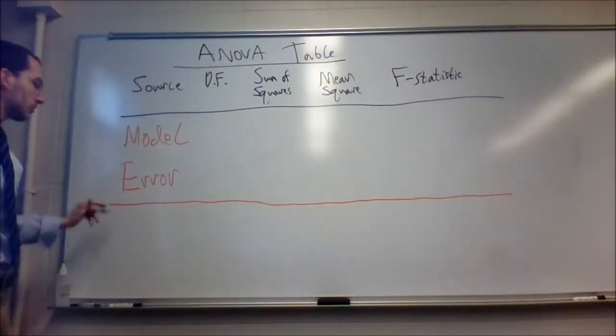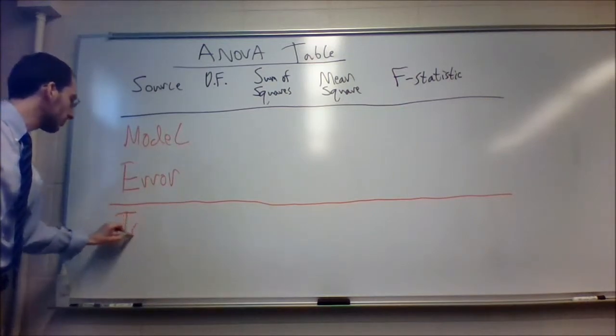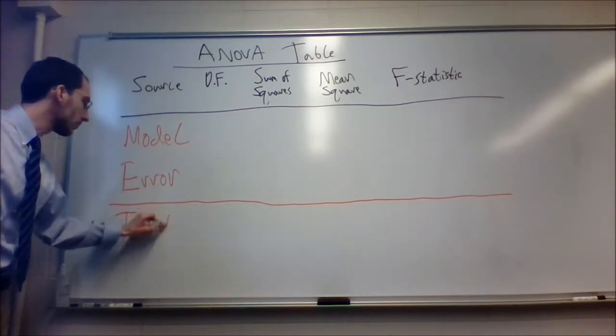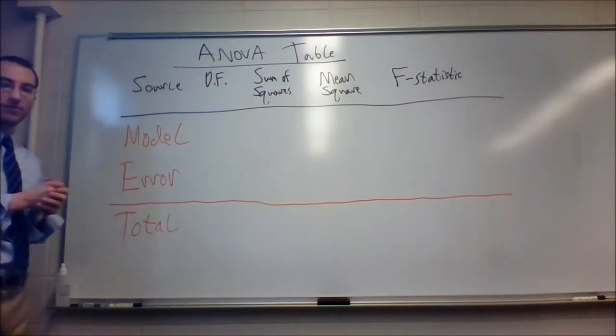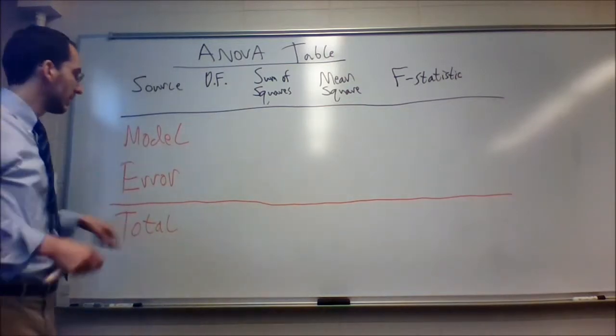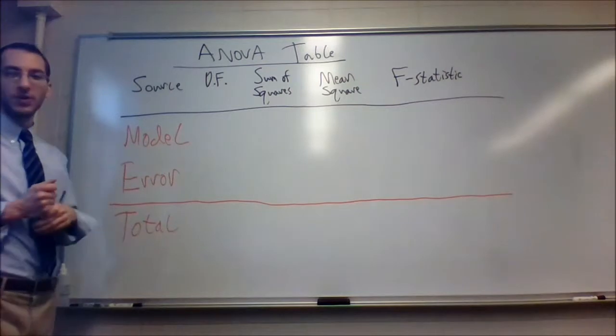And when I put the two together, I get my original total variation. So hopefully this is not new. This is just the same idea that I've got total variation from my response variable, and I can put it into the model or the error.